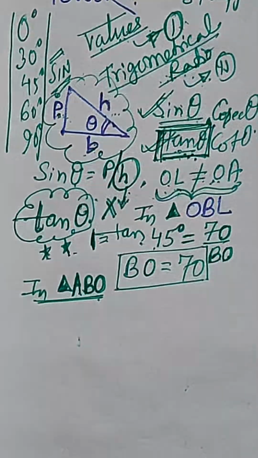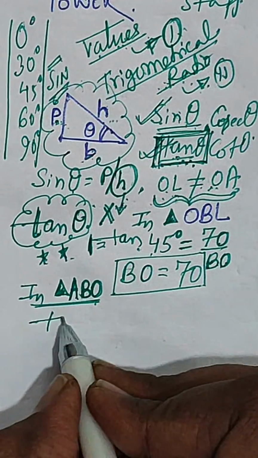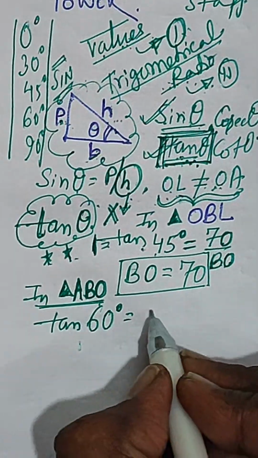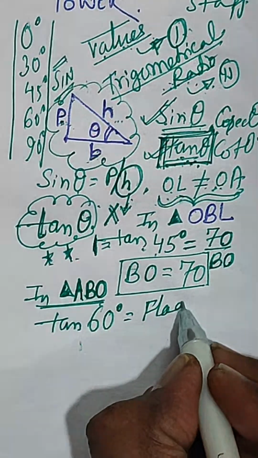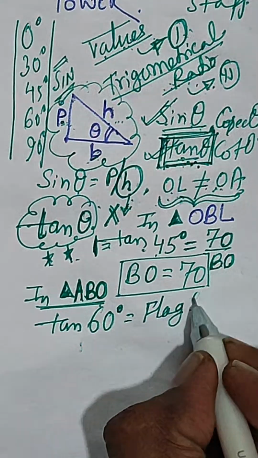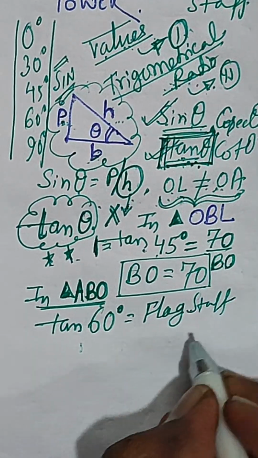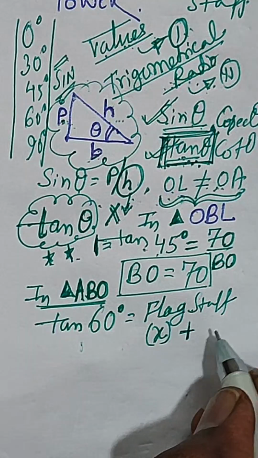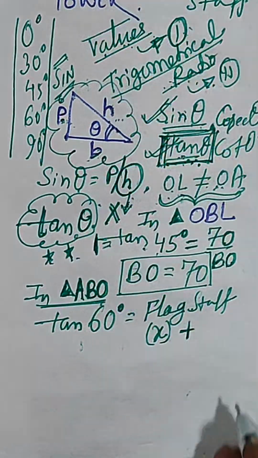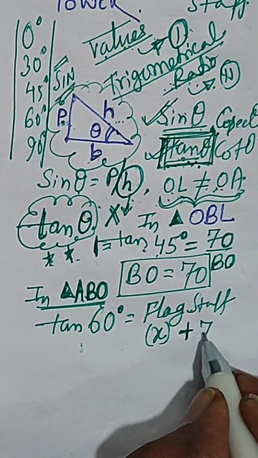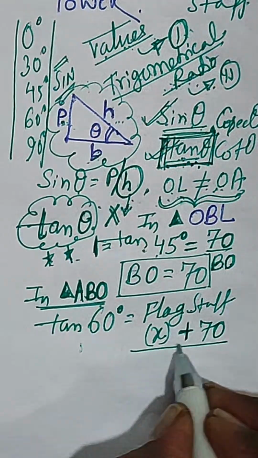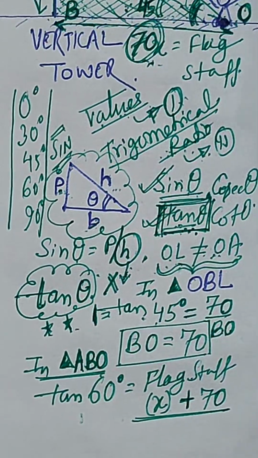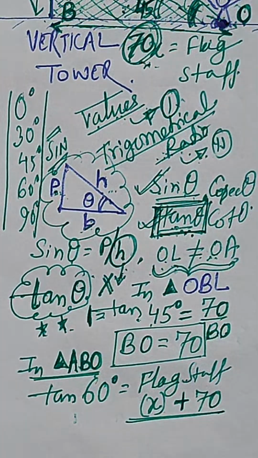So tan of 60 degree in triangle ABO is height of flag staff, that is X, plus height of the tower which was 70 meter divided by this base. The base was nothing but 70, you can see.